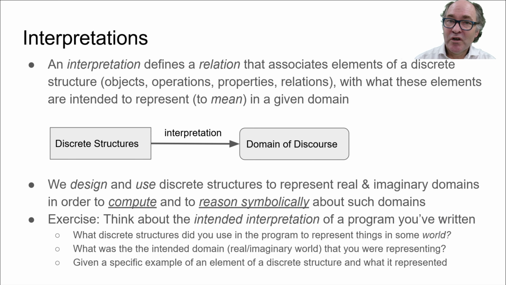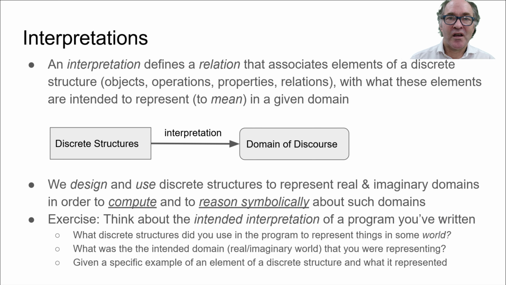Okay, so what kind of discrete structures did you use in your program to represent things in the world? What was the intended world or domain of discourse that you were representing, and in your own mind, come up with a few examples of elements of the discrete structures and what they represented in that world.